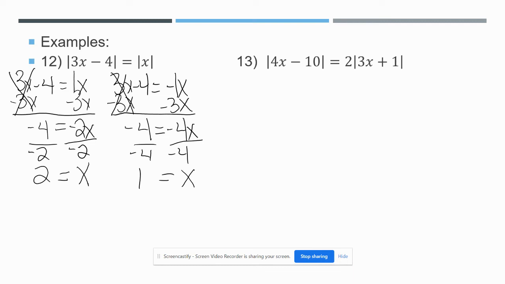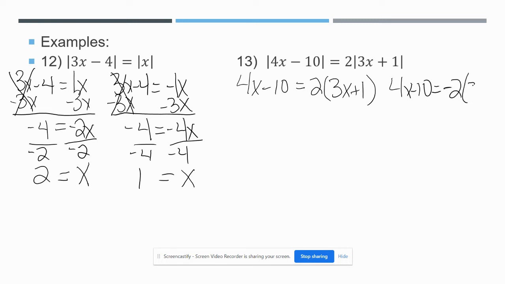13 is where we see it just a little bit different. Again, we take out the absolute values. This 2, the absolute value, will act kind of like a parenthesis. And then we have the 4x minus 10 is equal to, and we have a negative this time. So just like we had the positive and the negative with just the numbers, we do the same thing with our absolute value that has them on both sides.